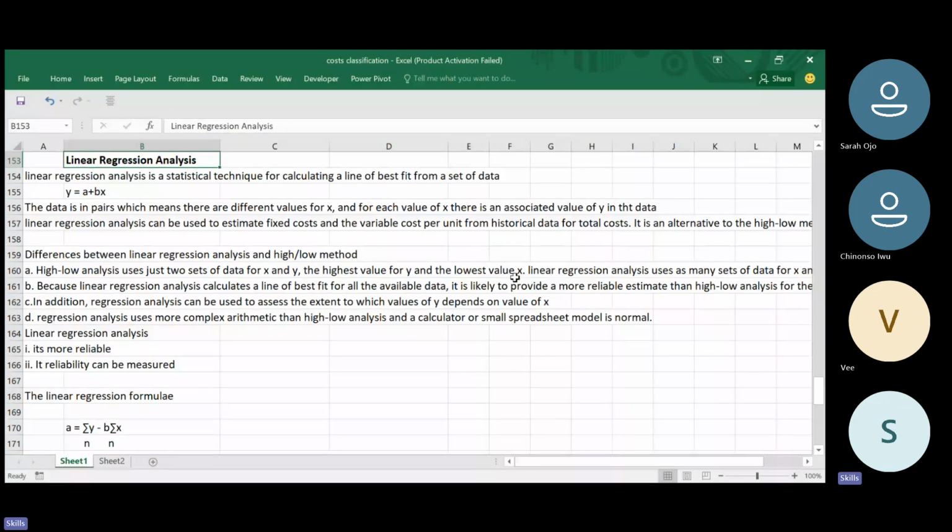Linear regression analysis uses as many sets of data for x and y as are available.